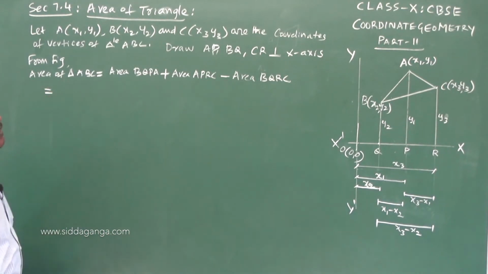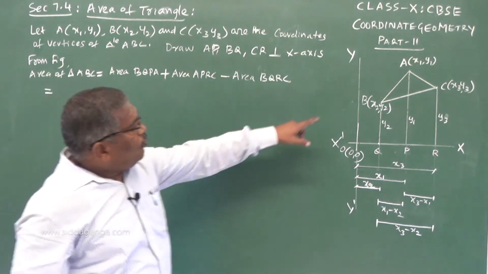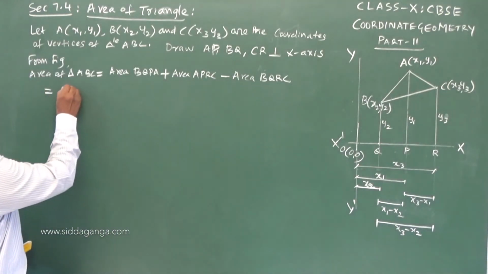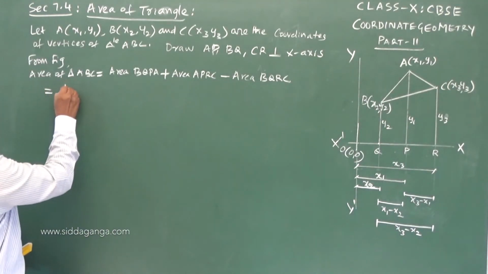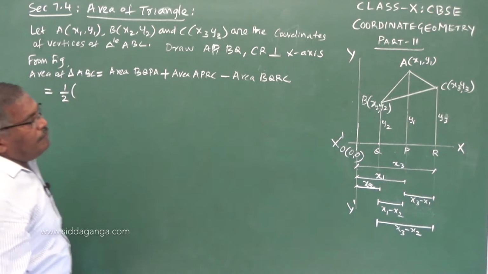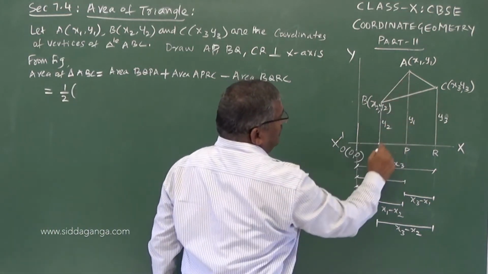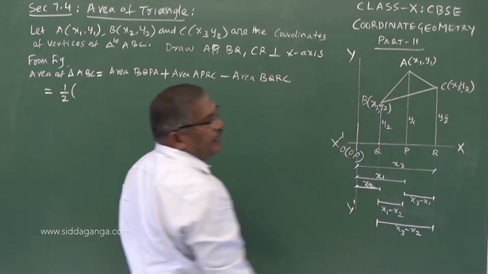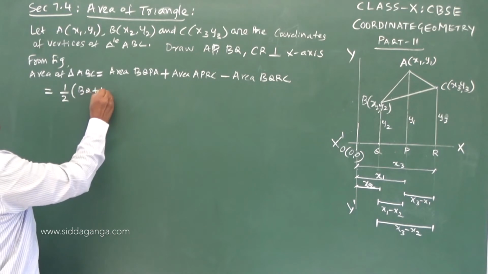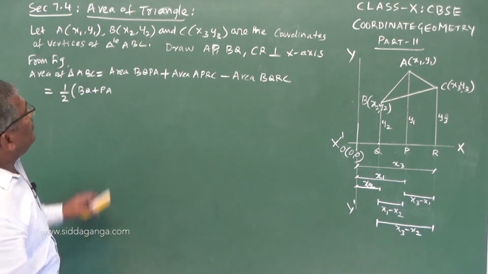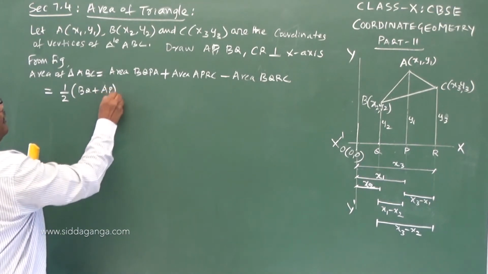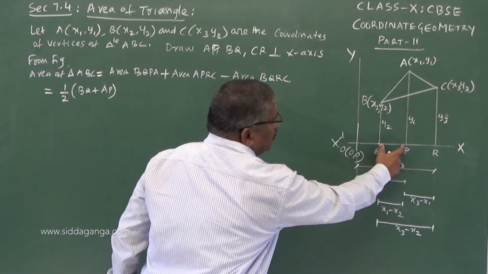Area equals. Now area of BQPA, this first one, as per the trapezium formula, we have half into the sum of the parallel sides, that is BQ plus AP, into the distance between those two, which is QP.